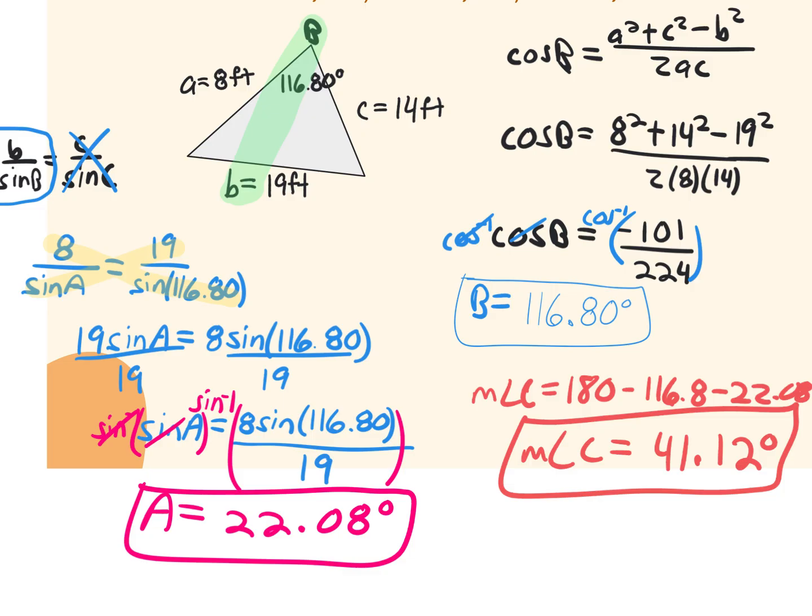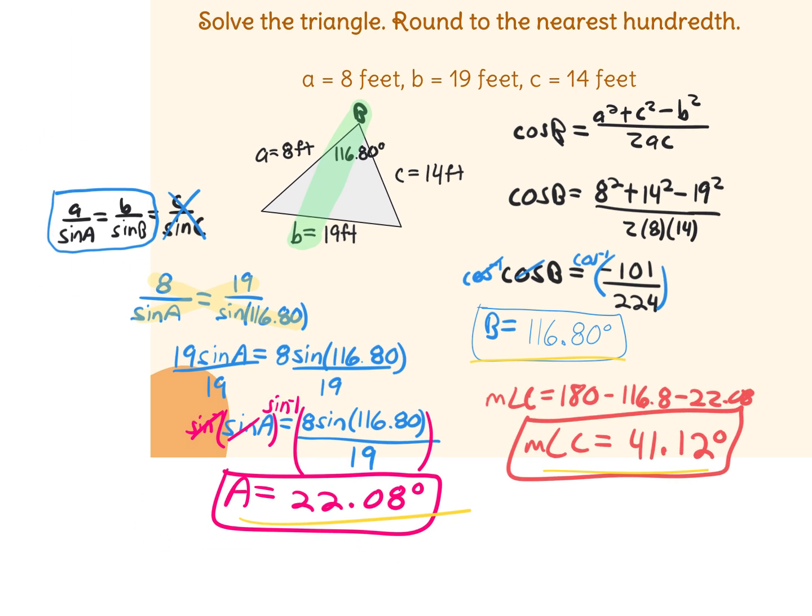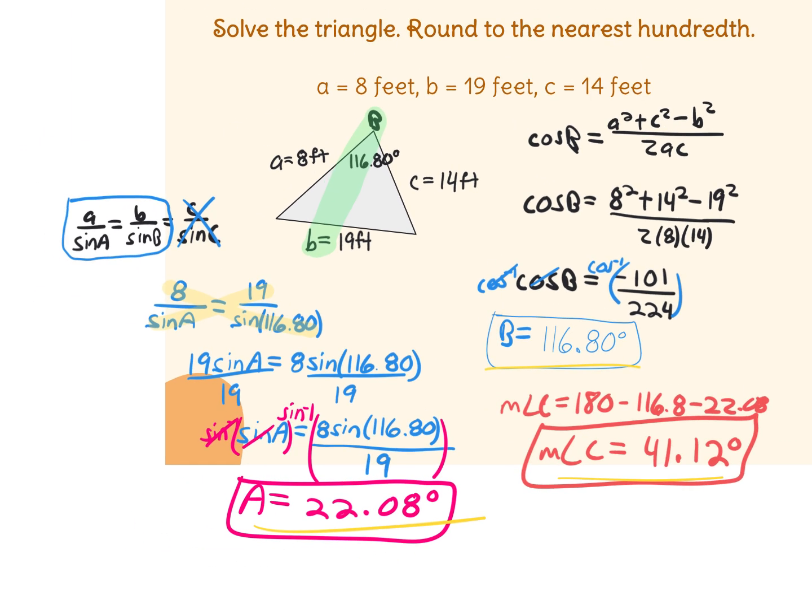All right, and now we found all of our missing information. I found A, B, and C. So again, just like the last 2 days, these aren't short problems, but you need to do each part separately. It's not like all of it is one part.